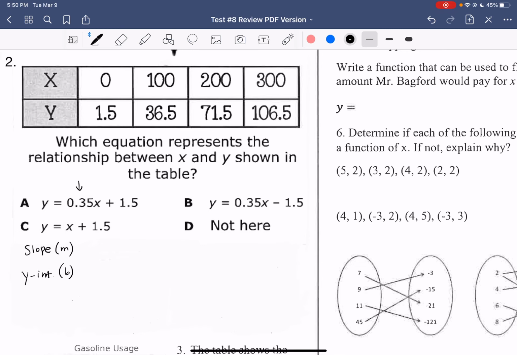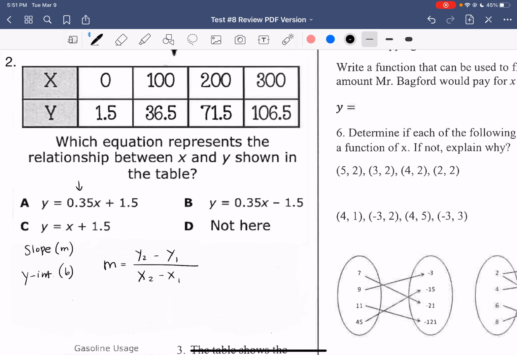In order to find slope, we don't have a graph, so we could put this on a graph, but these numbers are really big, and it might just be easier to use our slope formula, which is m equals y2 minus y1 over x2 minus x1. So in order to do that, we need two coordinate pairs, and we can find those from the table.